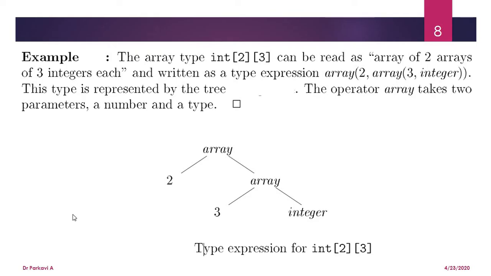So the type expression for this can be written as array 2, where 2 is the size, 2 rows, and within that array, 3 columns will be there, and in each cell integer data will be stored.